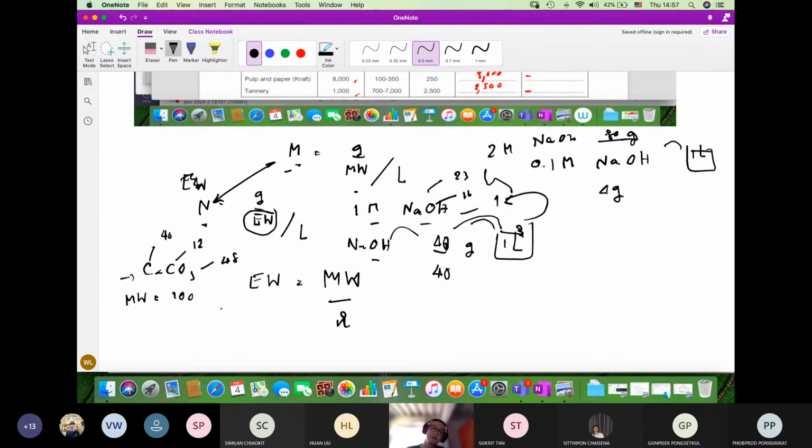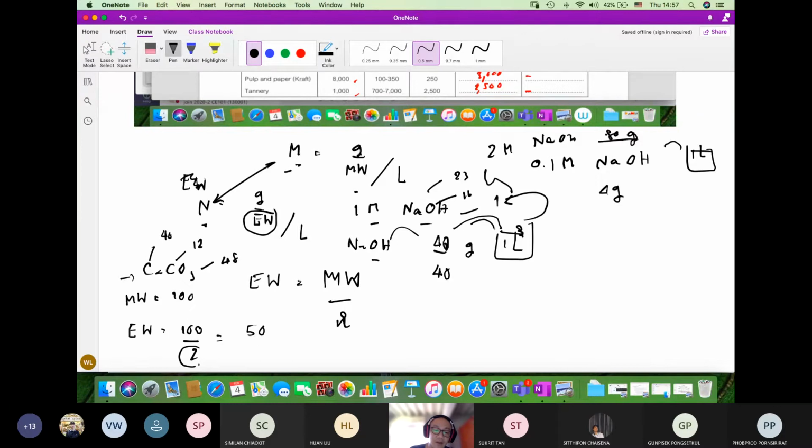But if I ask you what the equivalent weight of calcium carbonate is, it is equal to 100 divided by 2. 2 is the number. So how does it come? Divided by 2, the equivalent weight is equal to 50.